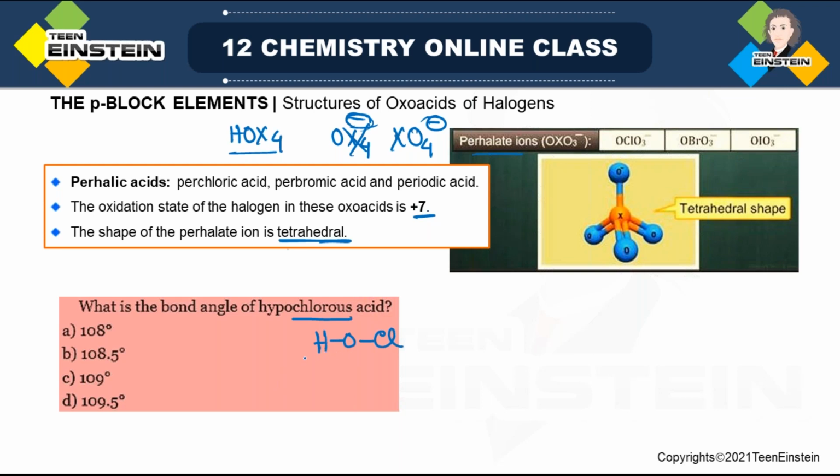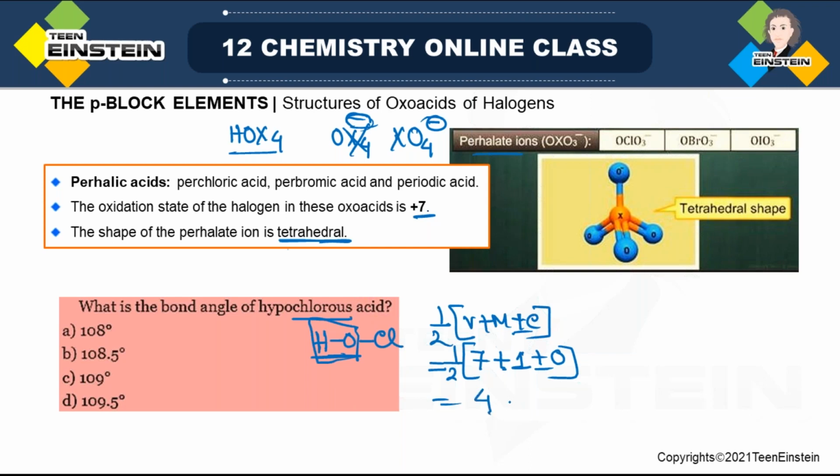Now to find the bond angle, we have to know the hybridization. And how to know the hybridization? Just follow the formula. It is 7, charge is 0, number of monovalent atoms attached by single bond is 1.